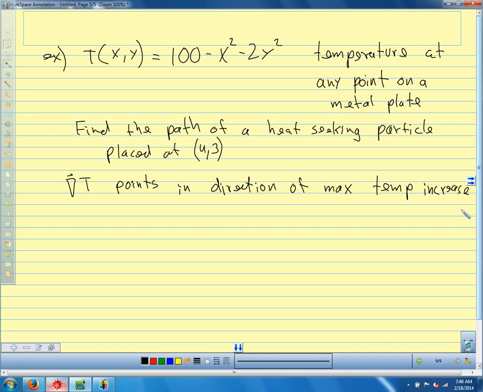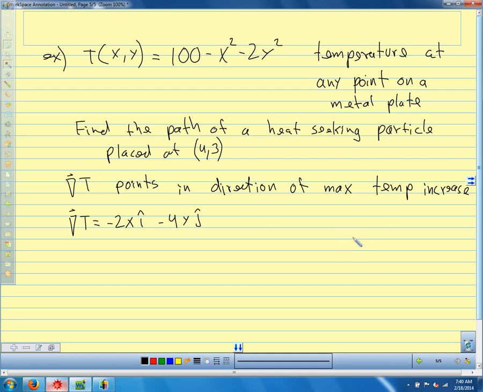So that's going to point in the direction of maximum temperature increase. So the particle is going to say, oh, it's warmer in that direction, I want to go in that direction, at each particular point in this temperature field. That changes as it moves. So del T, the gradient of our temperature field, is dT/dx i, so I get minus 2x i, plus dT/dy j, so I get minus 4y j. So there's one piece.